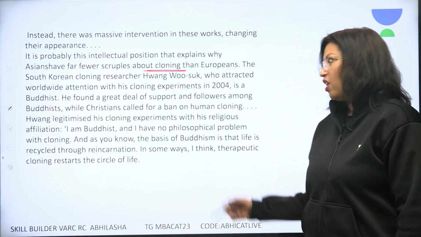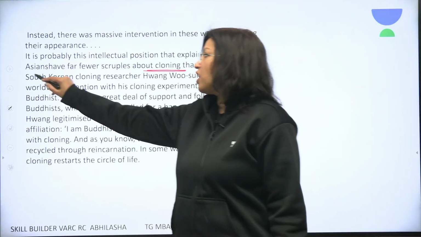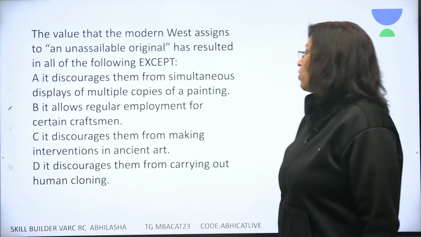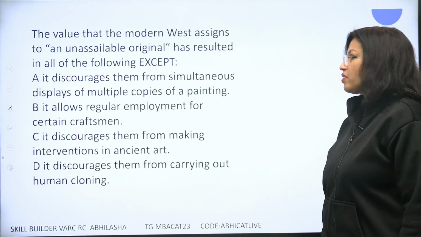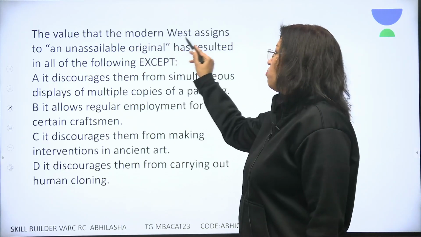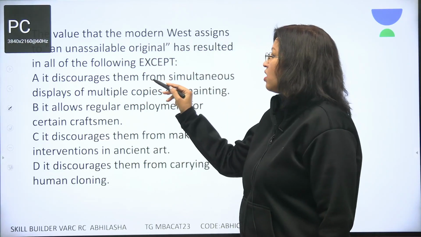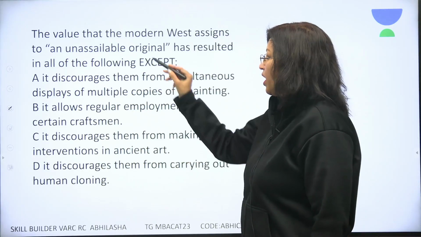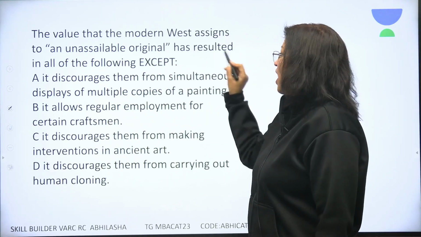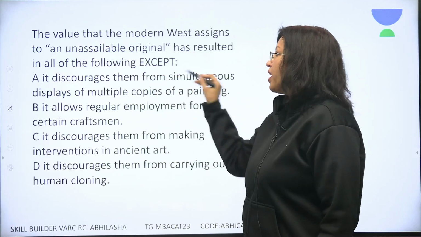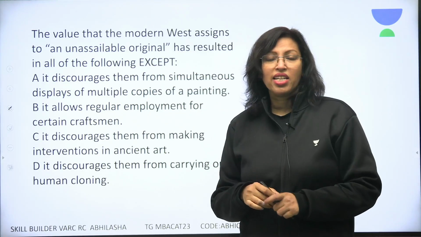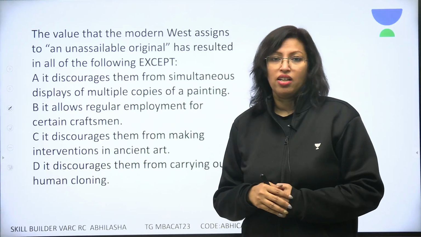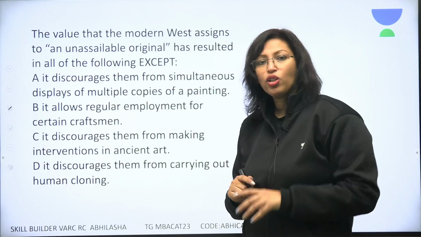So yeah, all right. So let's come to the question. Here is one question. Okay. So the value that the modern West assigns to an unassailable original has resulted in all of the following except. So the West says there is one fixed original, right? And they give that a lot of value.